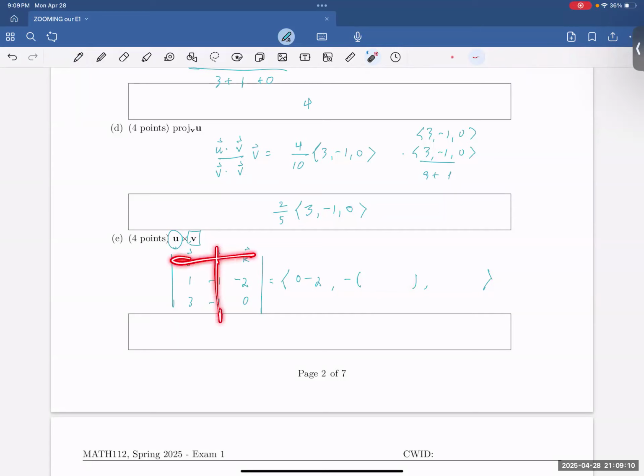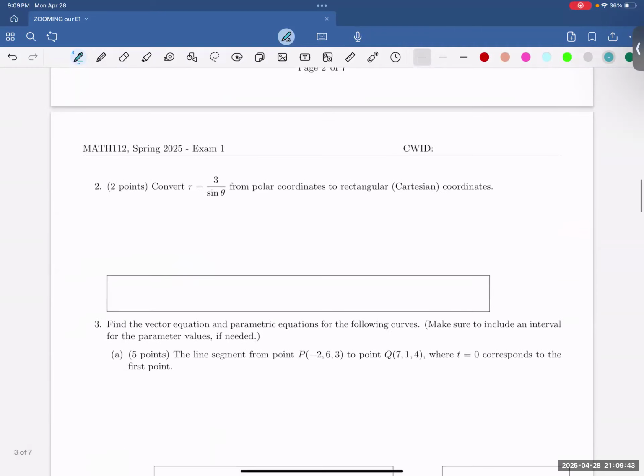Knock out j column, j row, sub 2 by 2 is 0, minus -6. And then u cross v third component, k column, k row, leaves you with -1 minus -3. And that is -2, -6, 2.